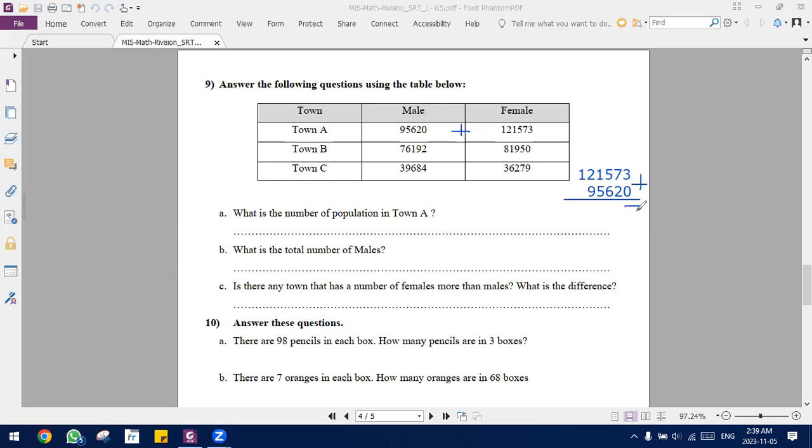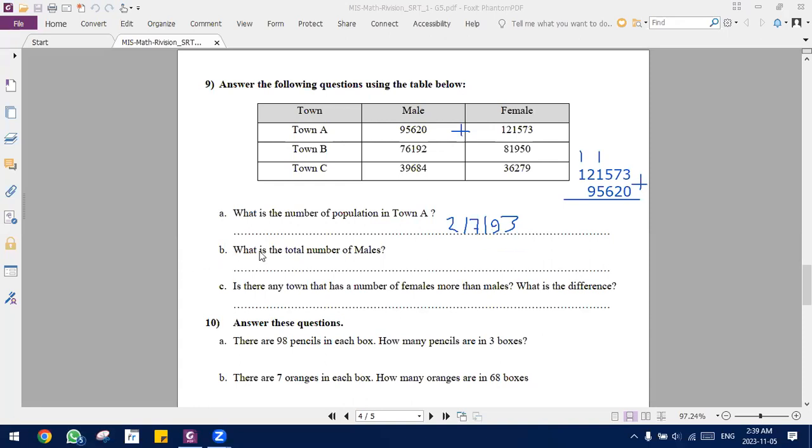Now we add them: 3, 9, 11 or 12? So we carry 1. 5 and 2 will be 7. 2 and 9, 11. We carry 1. It's 2. So the answer is 217,193. This is the answer. So this is the number of population.